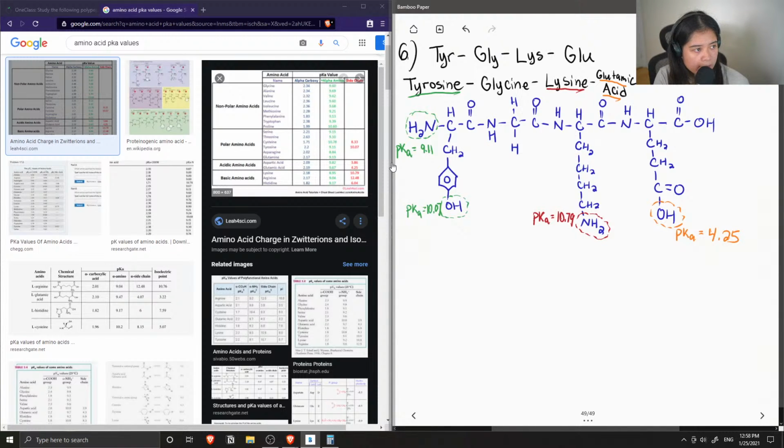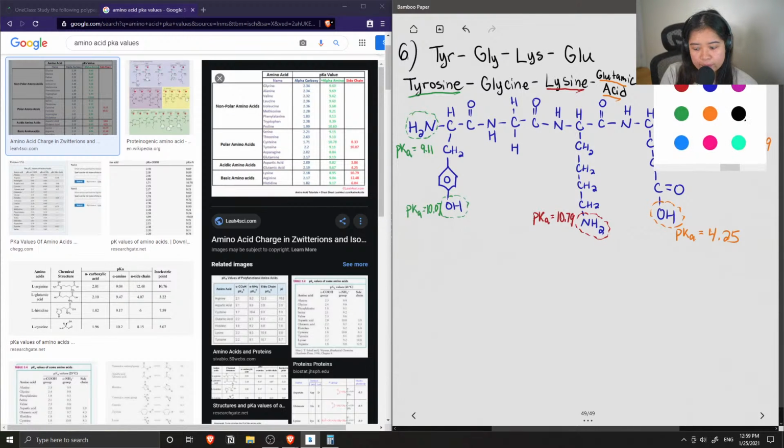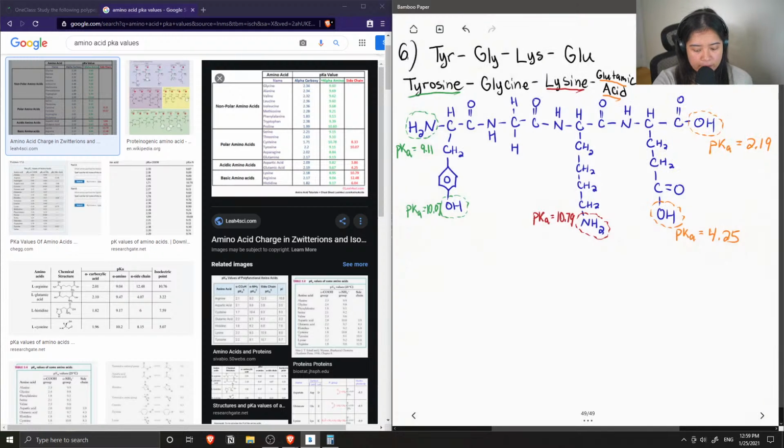And for its alpha carboxy group, its pKa value is 2.19. So this is the hydrogen on here. Its pKa is 2.19. Okay, so now we know all the pKa's of all of these different structures, and we can finally try to answer our question.